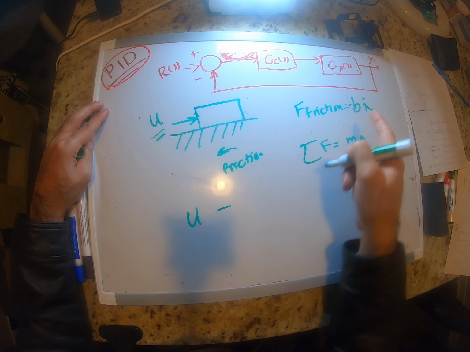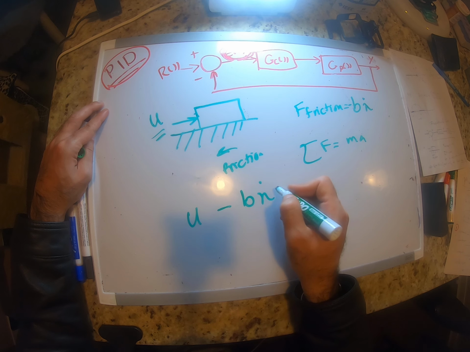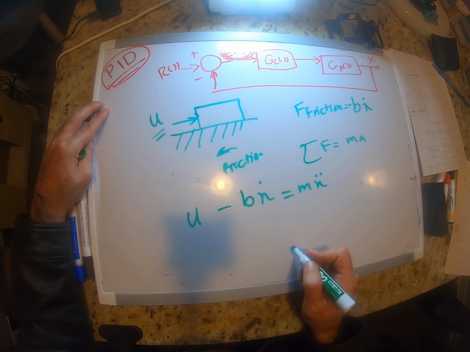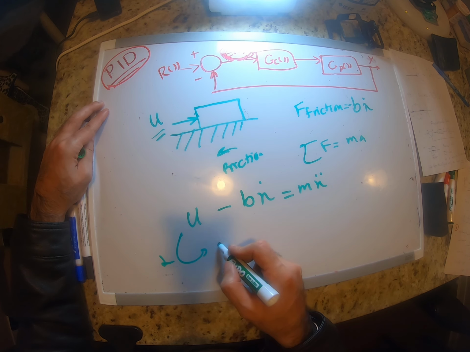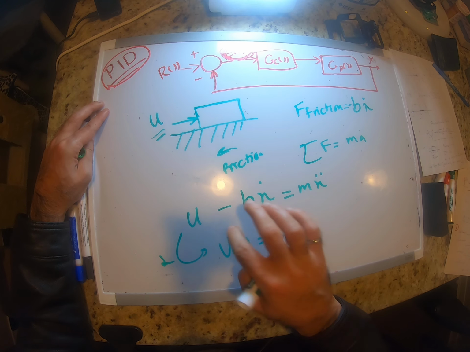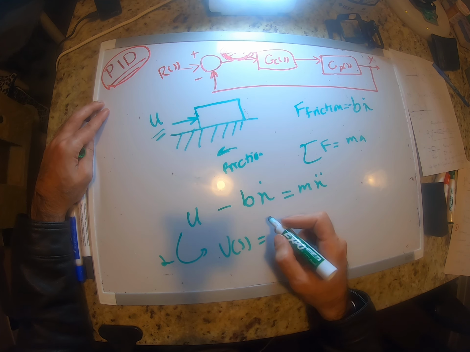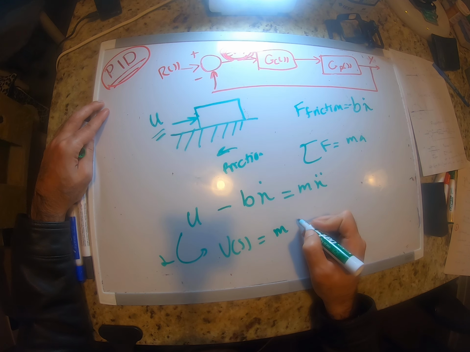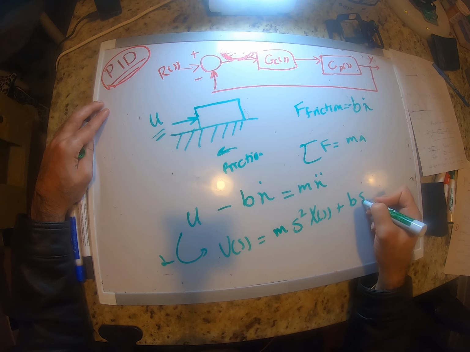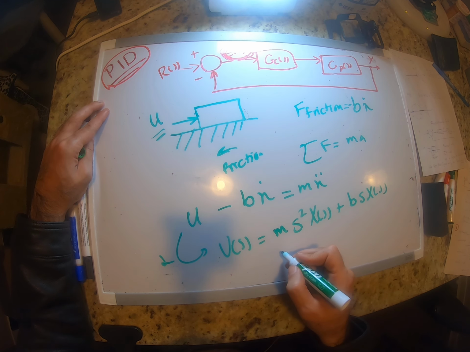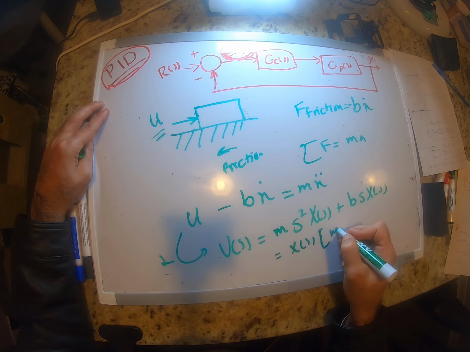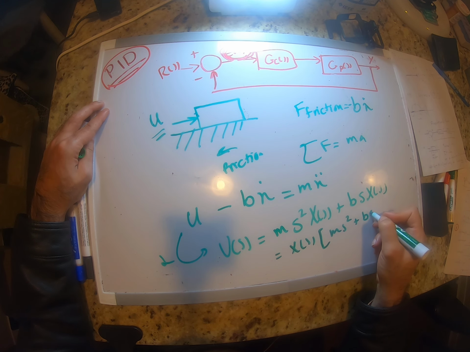U minus bx dot is equal to mx double dot, right? If I take Laplace transform, U of s, let's take this term to the other side. So this is going to be ms squared X of s plus bs X of s. And if I factor out X of s, it's going to be ms squared plus bs.